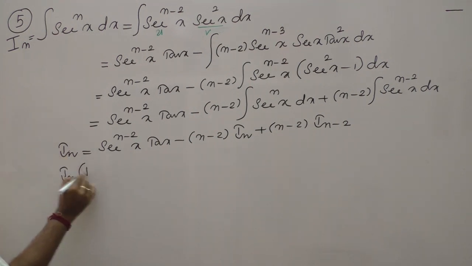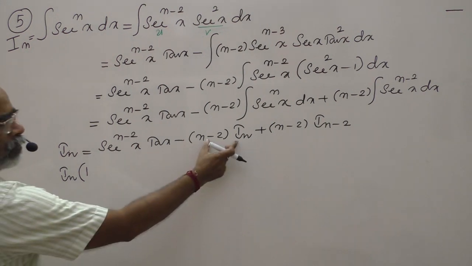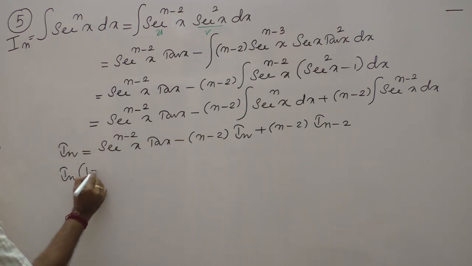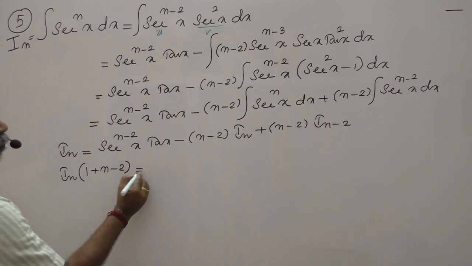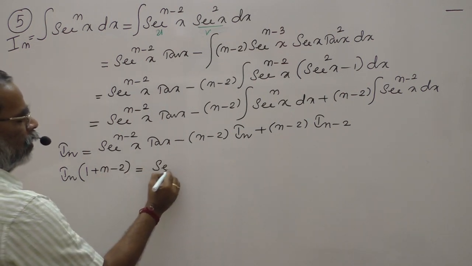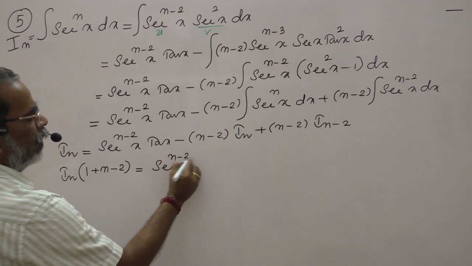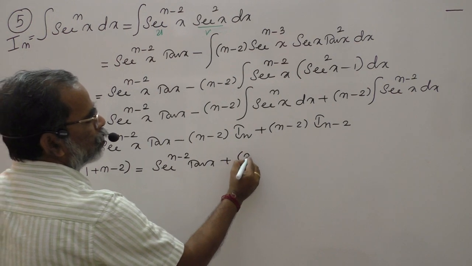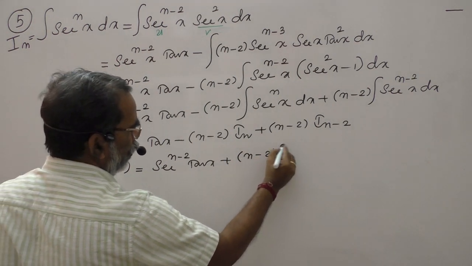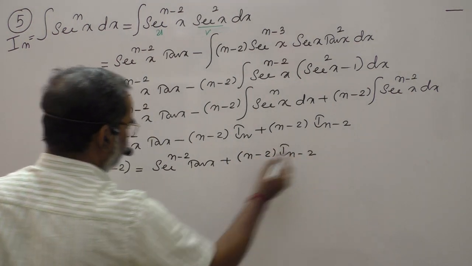By taking this common, 1, this term becomes plus, no? If you take I_n common, you will have this. So what will be there on the right side? Sec power n minus 2 into tan x, and also (n minus 2) into I_(n minus 2).